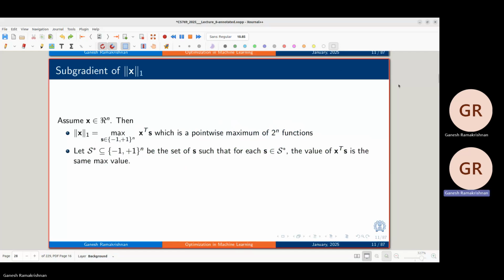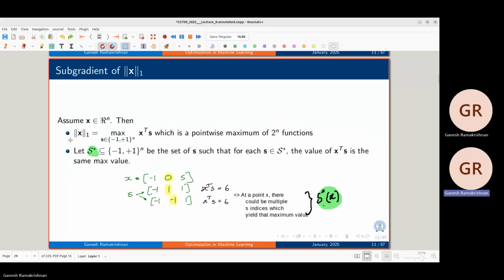I've just written this in more detail. Let S star be the set of S such that for each S in S star, the value of S transpose X is the same max value. That is what we mean by active functions. This is the definition of active functions. Here, the moment you have X as 0, there are two configurations of S that both give you the same active function.